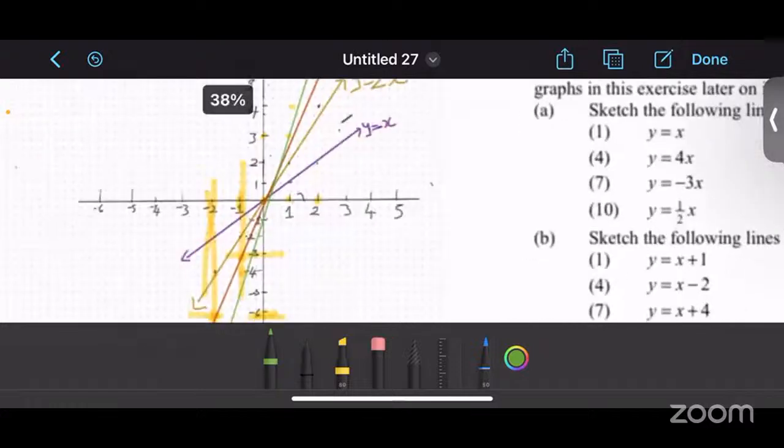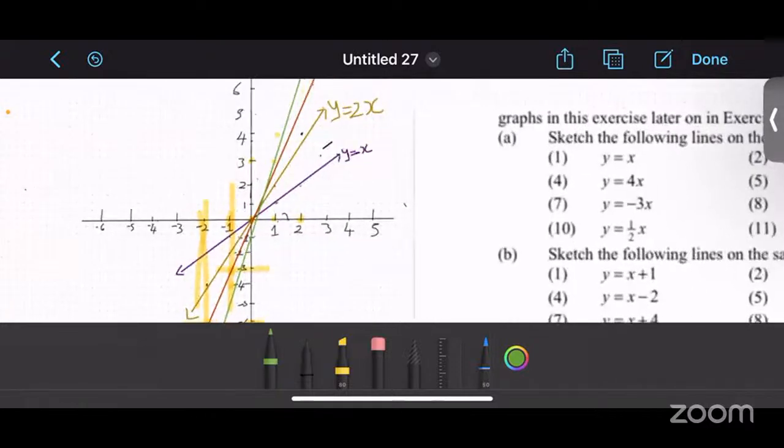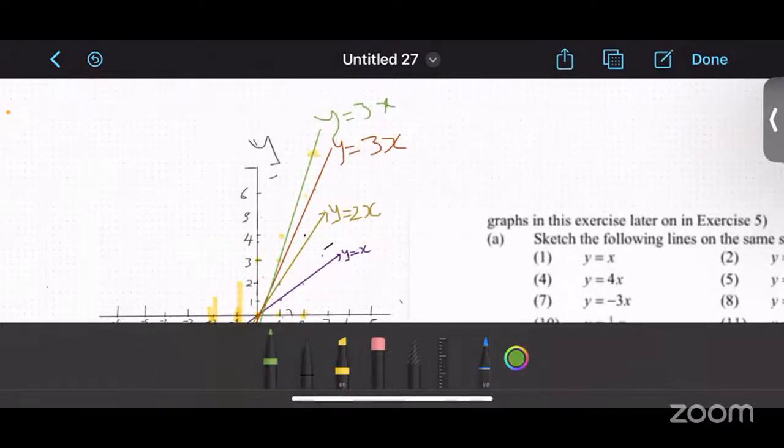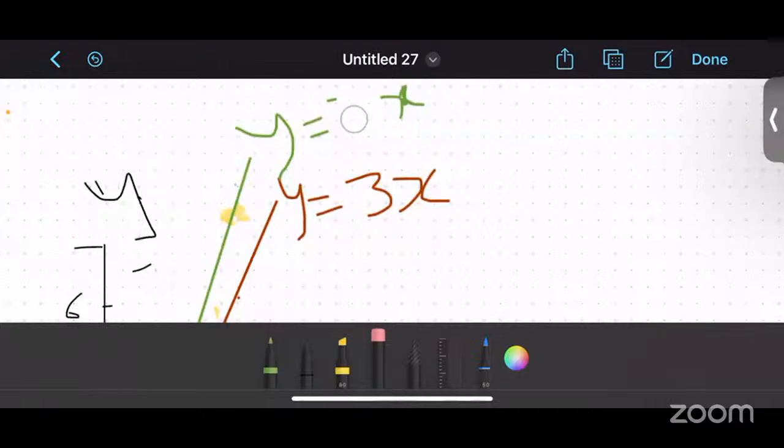Do you see that this graph is starting to get messy? Do you guys see that? We have y is equal to x, y is equal to 2x, y is equal to 3x. Or actually, this is a 4x. Y is equal to 4x.